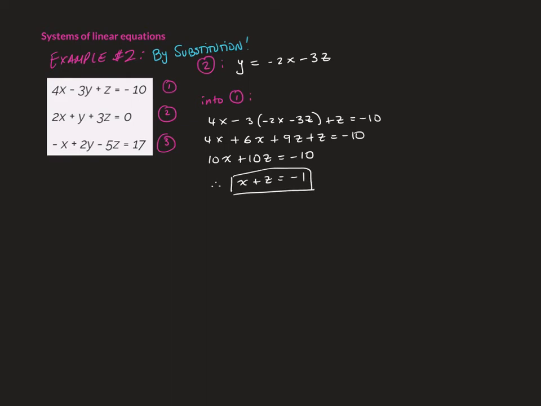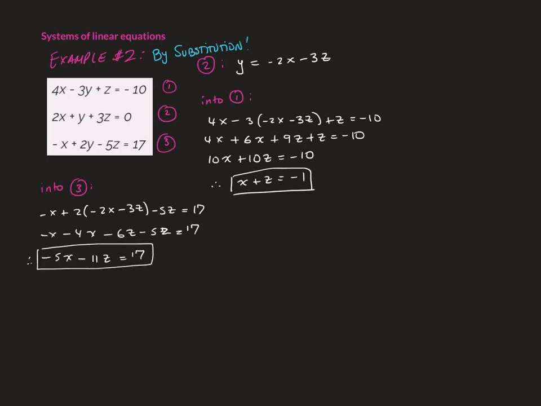Now I'm going to do the same into equation 3. Now that I have these 2 equations, I'm going to do another substitution. I'm going to label this equation number 3, and this is going to be equation number 4. So from number 3, I want to solve for z, for example.